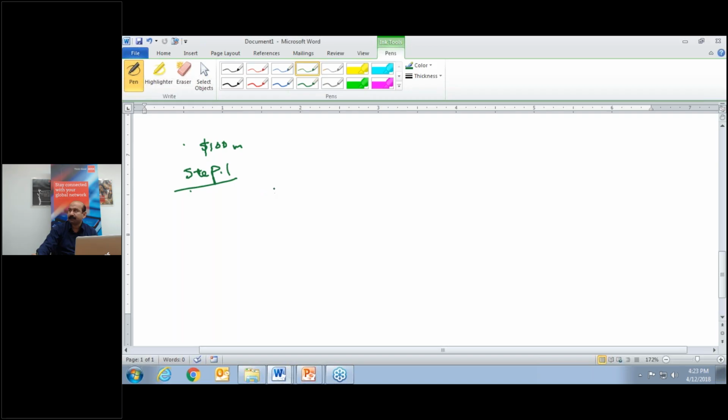If we apply 6%, this will give us the cash flows for years 1, 2, 3: 6 million, 6 million, and of course 106 million. All figures are in million.